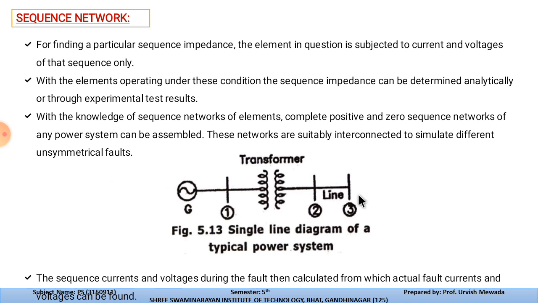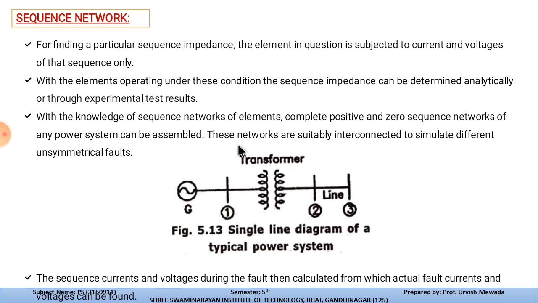If we know the sequence network of the elements, the complete positive, negative and zero sequence networks of the power system can be assembled. So yes, we can determine all the parameters of each and every element present in the power system with the help of sequence impedance analysis. And these networks are suitably interconnected.